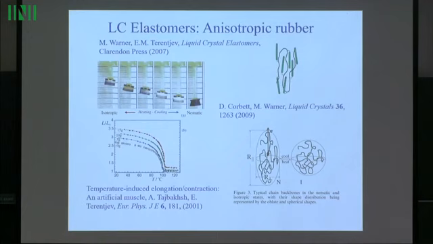So, of course, we prepared ourselves by reading books and articles, and there is a wonderful book by Mark Warner and Zhenya Terentjev on liquid crystal elastomers. So it's really a combination of a liquid crystal and a rubber.